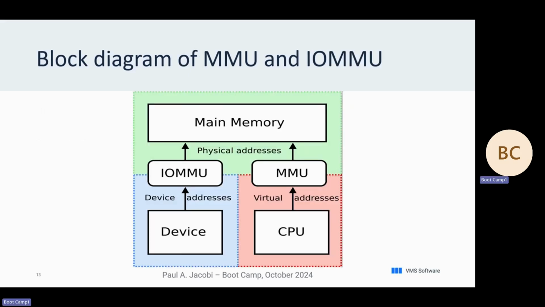So here's a block diagram of the MMU and the IO MMU. In a bare metal system, we know the CPU uses the MMU to translate virtual addresses to physical addresses. And on the device side, the IO MMU is used to translate a possibly limited IO bus address into a much larger physical main memory address space.